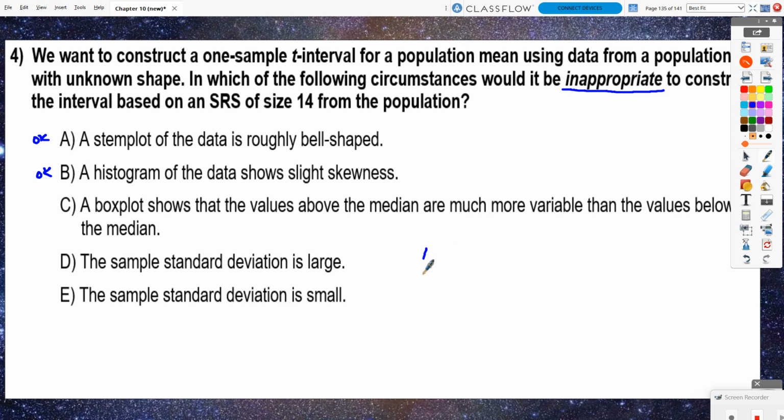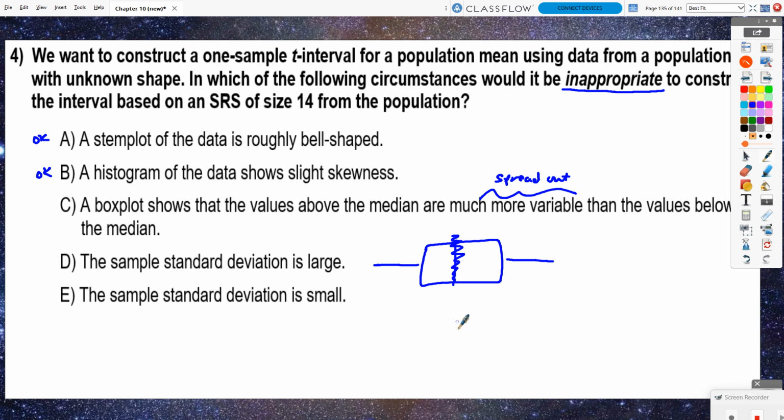Basically, you have a box plot. Imagine we would typically see something like this, right? But they're saying the values above the median, here's the median, are much more variable. When they say more variable, we think of that as spread out. It's more spread out than the values below the median.